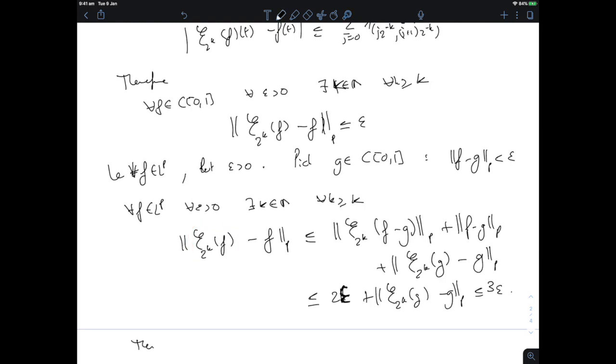So we've proven that the span of the EJs, any element f in LP can be approximated by an element in the span of the EJ. So the closure of that in LP is all of LP. And therefore, the ENs form a basis of LP.